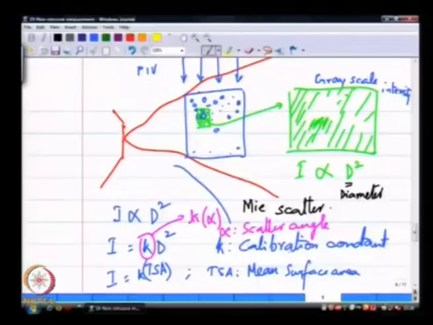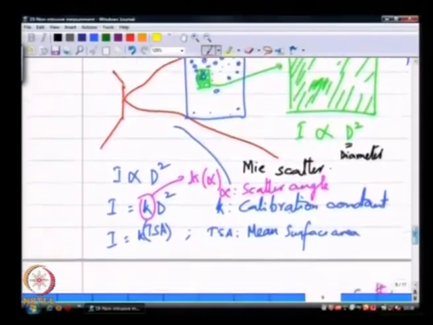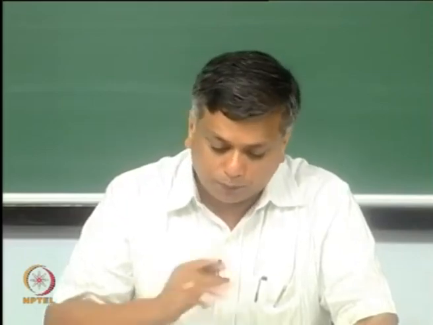Now, some of it is pure geometry, where you get the scatter angle and estimate the value of k given I and d squared at that point. There are other more optical effects which are aberrations that have to be accounted for when you are doing light sheet imaging like this, but we will not go into that at the moment, because we will only focus on sizing and velocity measurements for now.